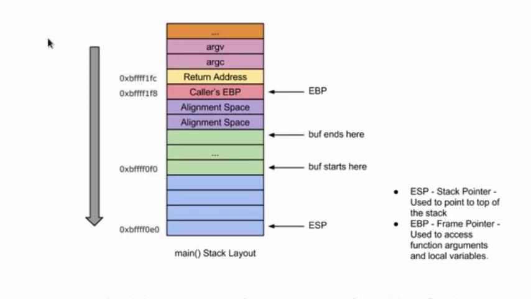Now the details of how variables are stored in memory will change a bit between the platform, the operating system, as well as how the program was compiled. In this image here, this is upper memory.